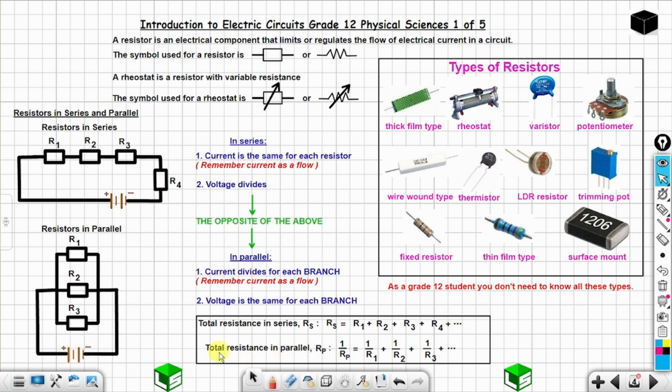And for total resistance in parallel, RP, you have 1 over RP is equal to 1 over R1 plus 1 over R2 plus 1 over R3 and so on. Okay, let's move on.